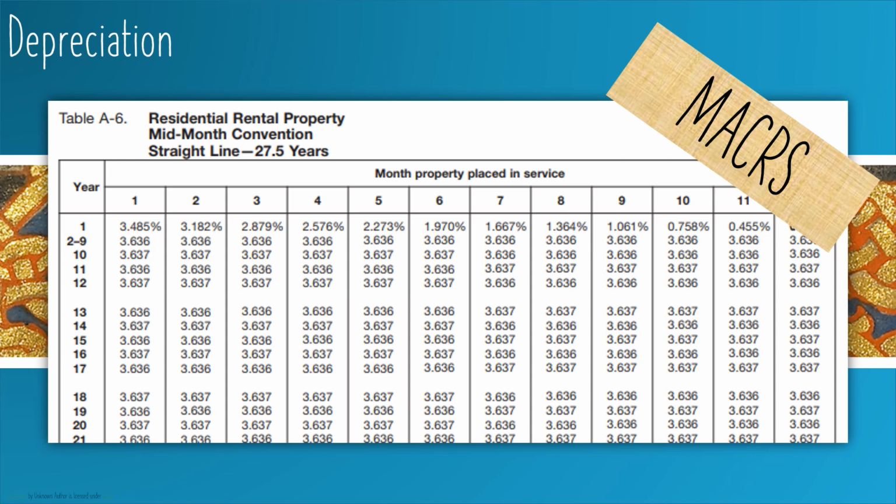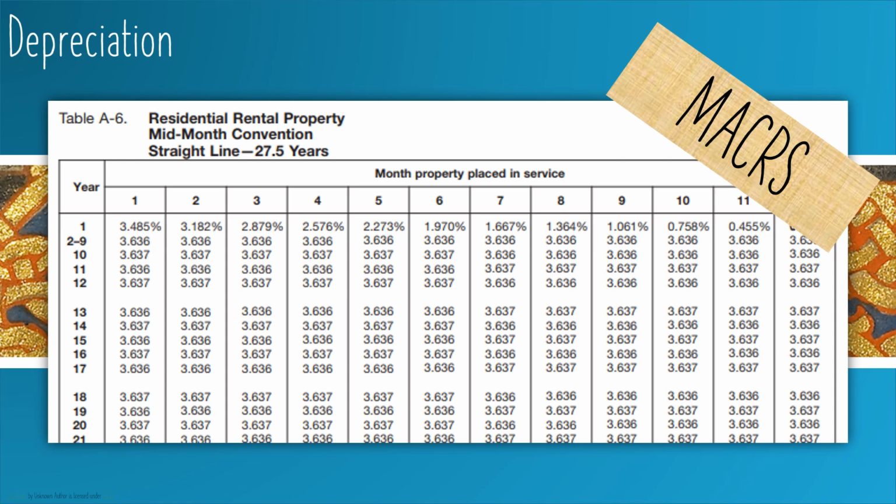And then here is an example. It's the most common example of what you are going to see with rental of a personal residence, for the convention, the method, and the life.